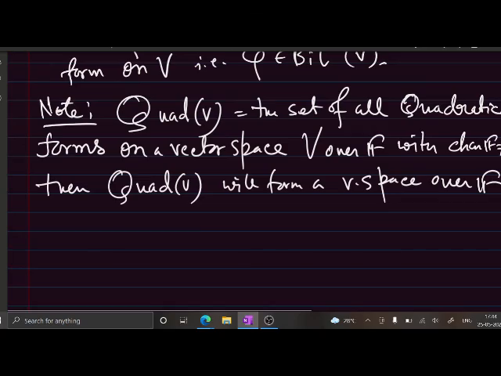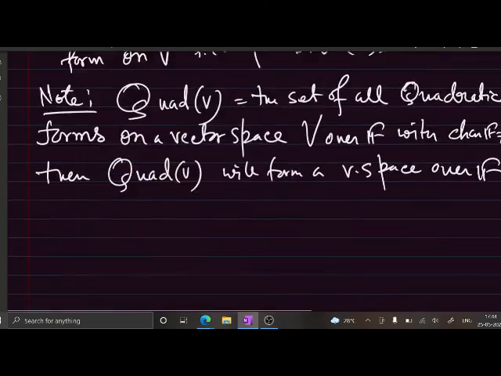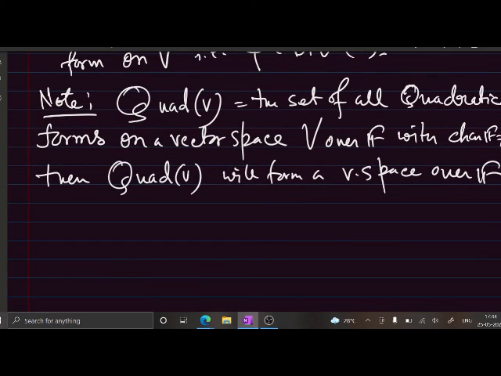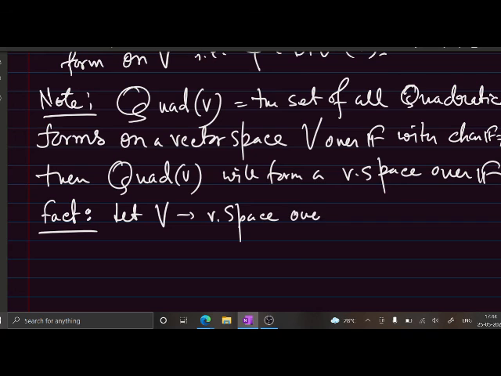So from the above discussion, you have this fact. Let V be a vector space over a field F, assuming that the characteristic of F is not equal to 2.